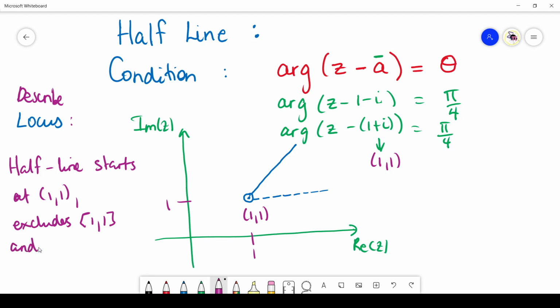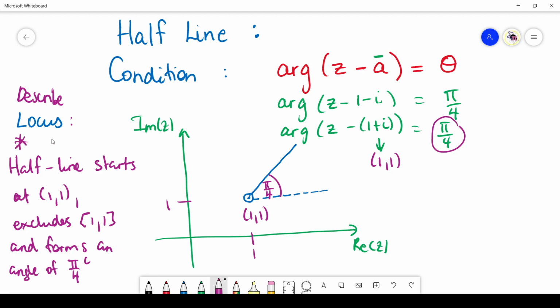Because they gave us this aspect of it, we're going to put that pi on 4 onto our diagram, and we're going to say that it forms an angle of pi on 4 radians with the real axis, or the horizontal axis. That's how you would describe it.